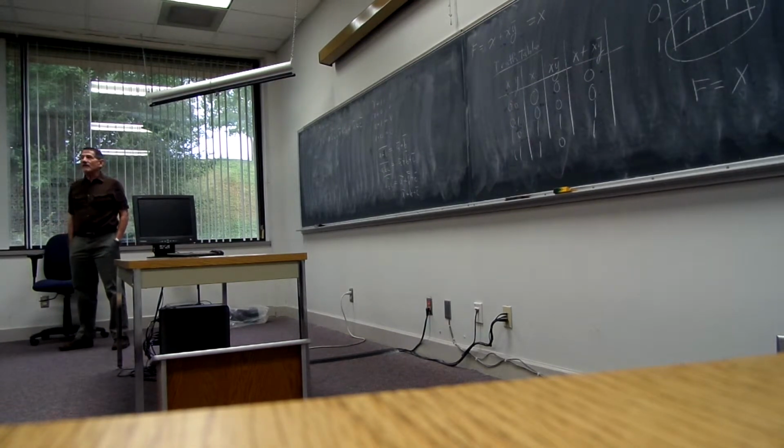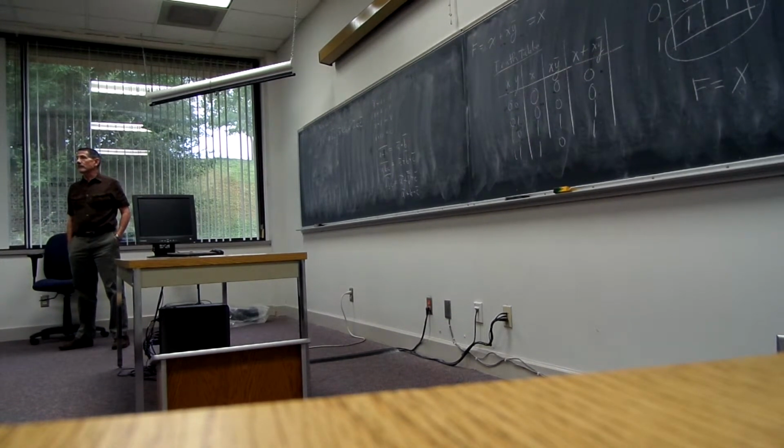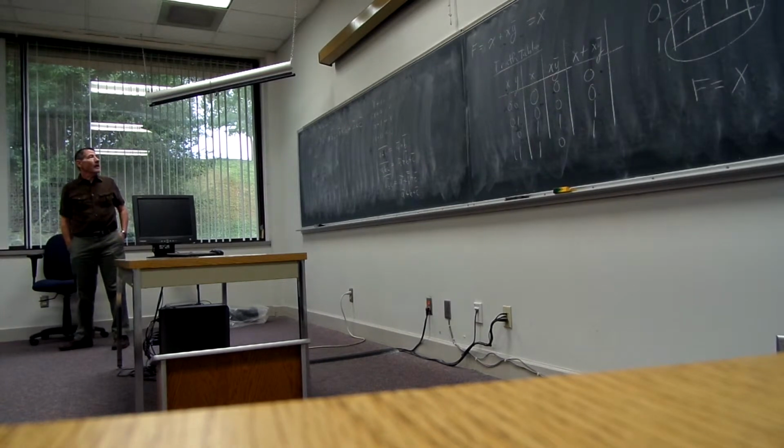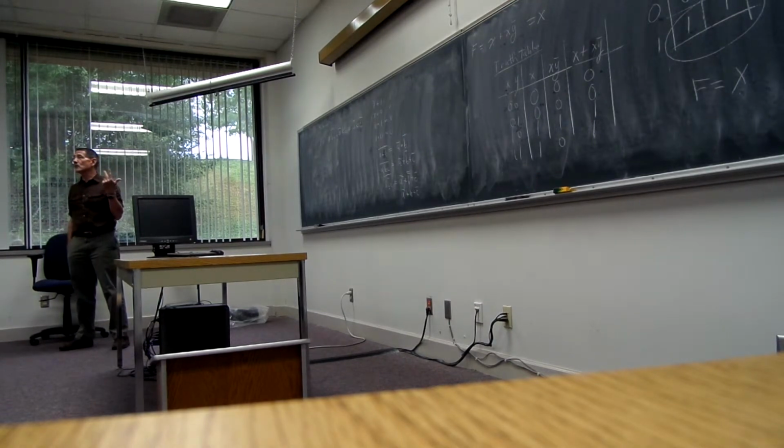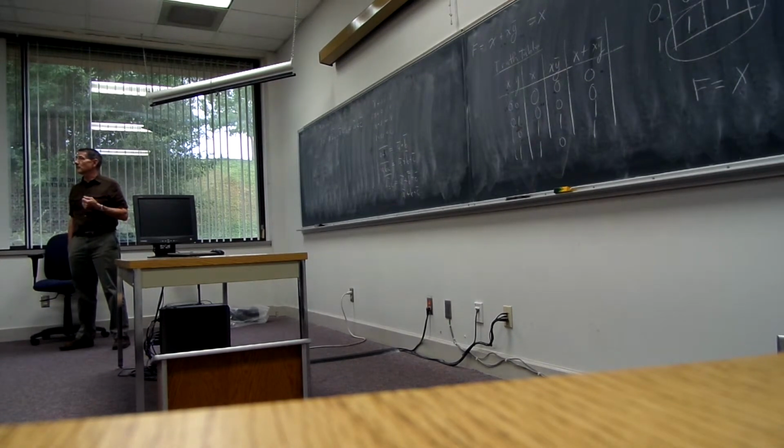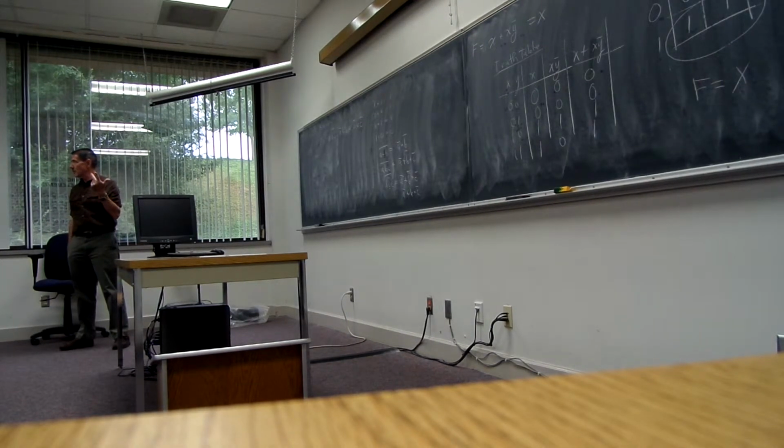So my f, in order to be true, I have a, if a is a 1, b is a 0, c is a 1, will my function be true? Let me repeat that. A is a 1, b is a 0, c is a 1. Will my function be true?